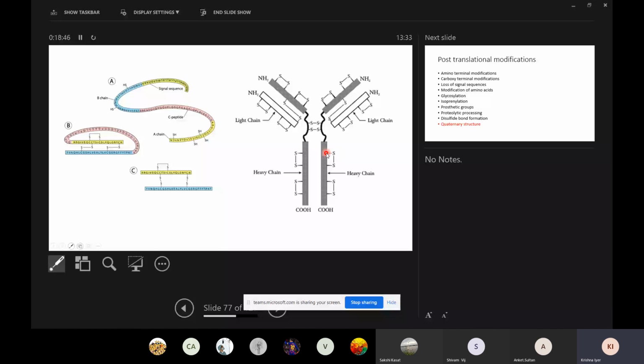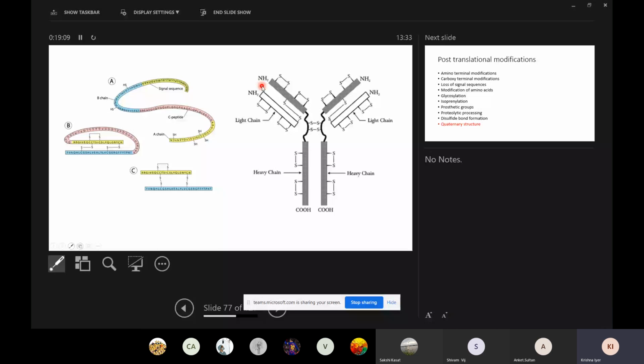These are called intra-strand disulfide bonds. So all these bonds are very important so that the protein attains the correct three-dimensional shape for it to be functional. And if there is any problem with this disulfide bond formation, then you also have issues in terms of activity of the protein.